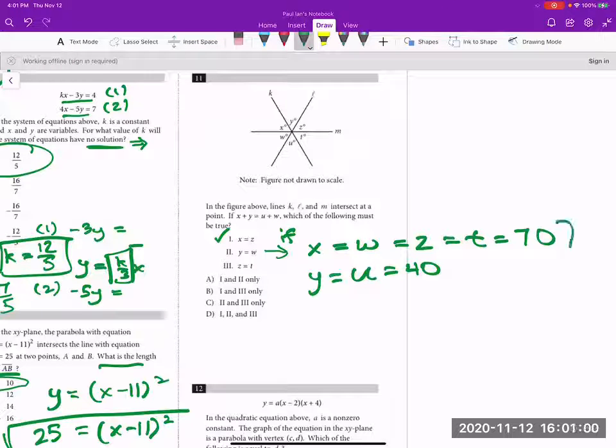From all this, you can say that x plus y equals u plus w. Let's see if it does, because that's what it's given you.